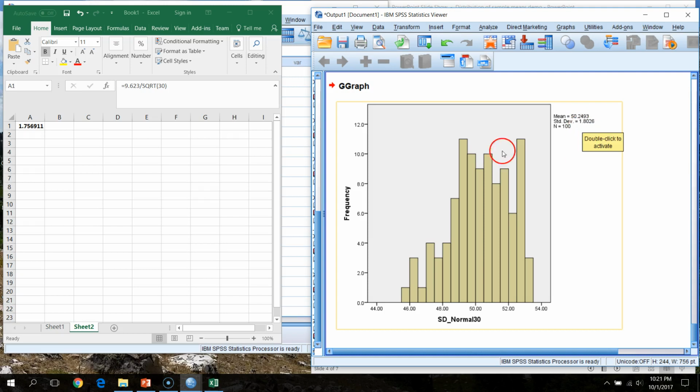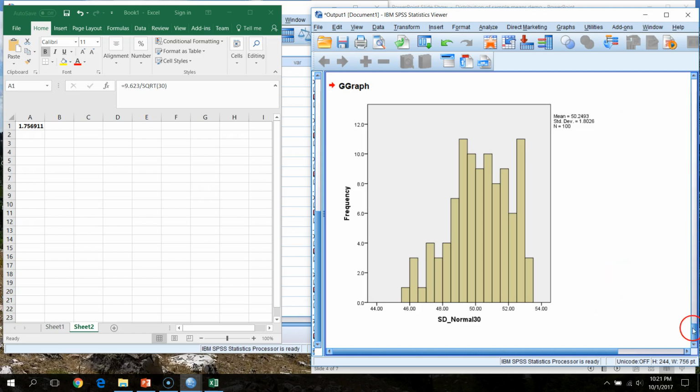It's 1.8. And remember that this is just a small selection, right? This is only a random set of 100 samples, not all possible samples of 30 that could be drawn from the 1,000 cases. Also remember that these samples are drawn without replacement, where mathematically we would be checking this in terms of drawing random samples with replacement.